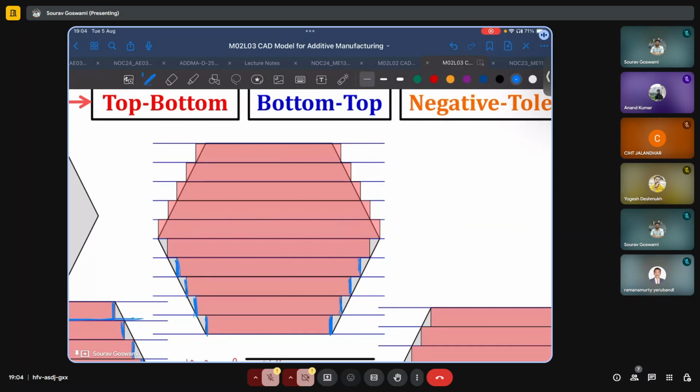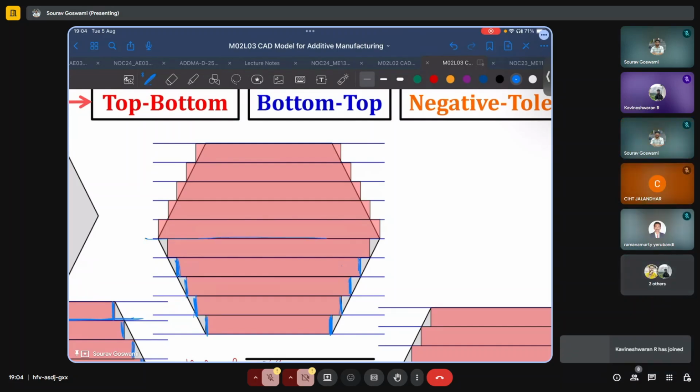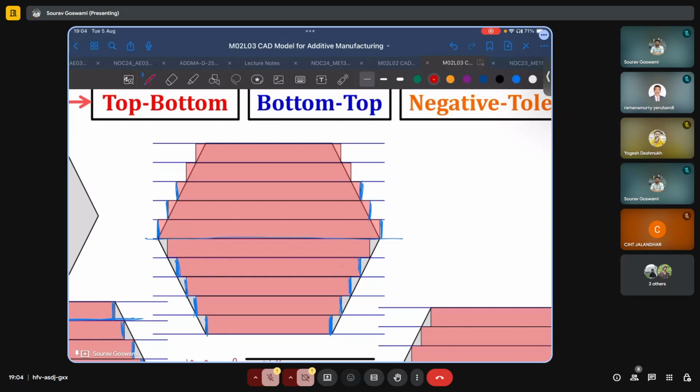Again, after reaching the equator, we continue to project like this from the bottom towards the top, and now we have regions of over deposition. And once again, we have both the problems, that of over deposition and under deposition.